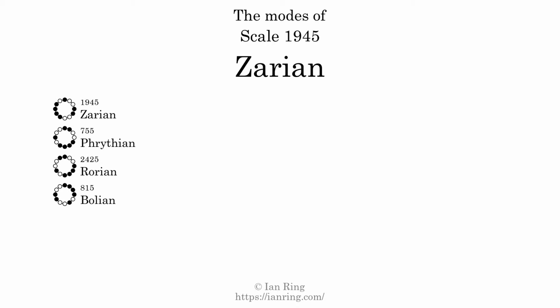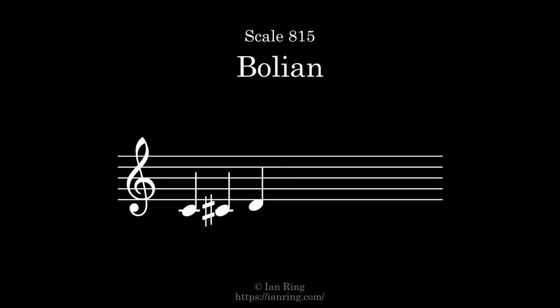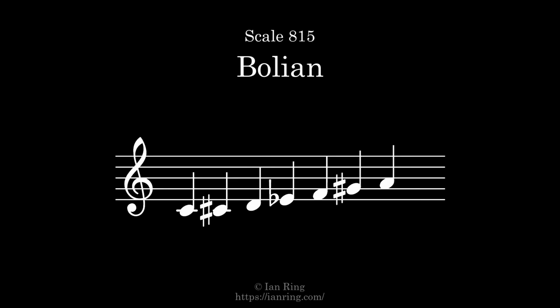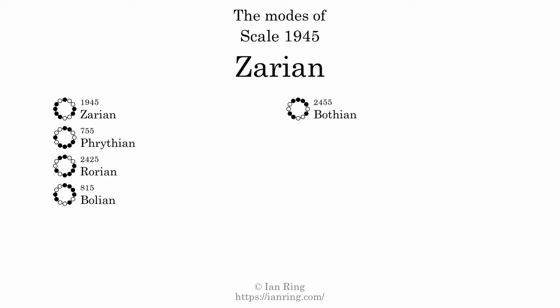The fourth mode is scale 815, also known as Boolean. It sounds like this. The fifth mode is scale 2455, also known as Bothian. It sounds like this.